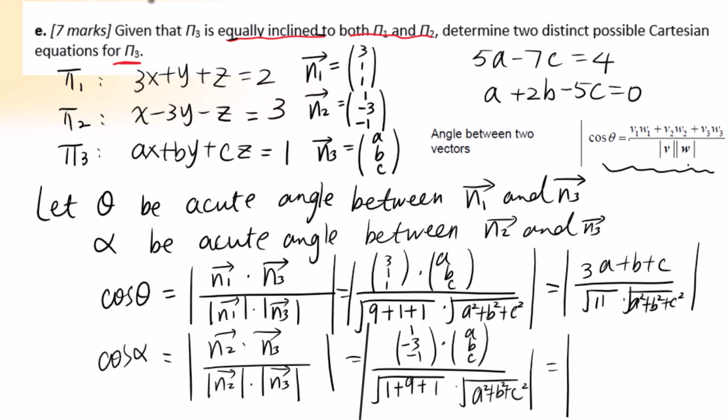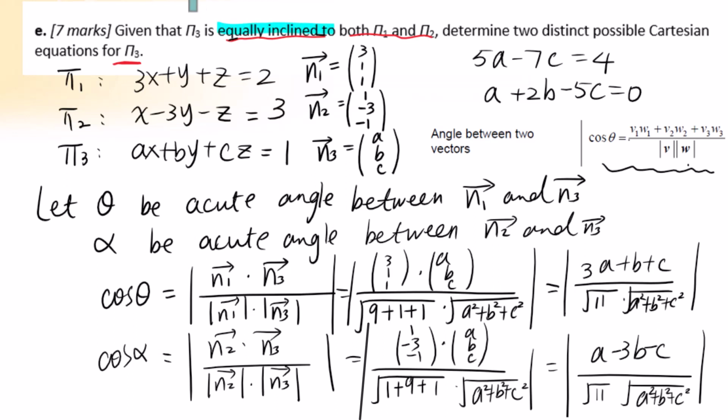That equals A minus 3B minus C all over square root 11 times square root A squared plus B squared plus C squared.